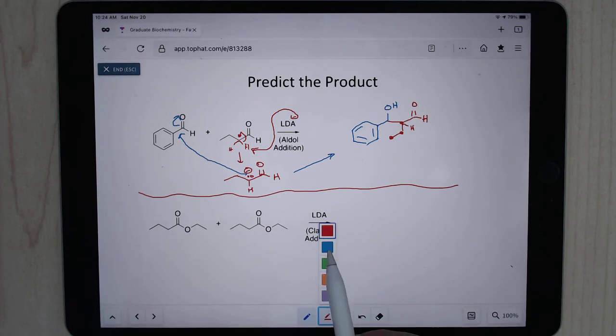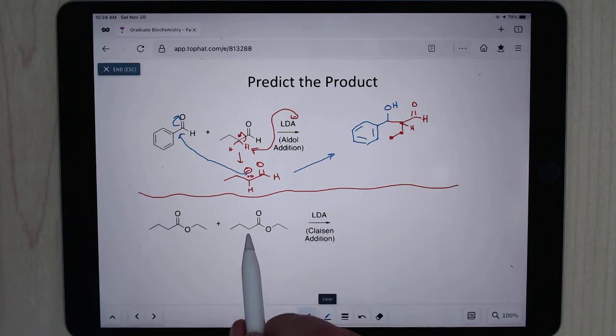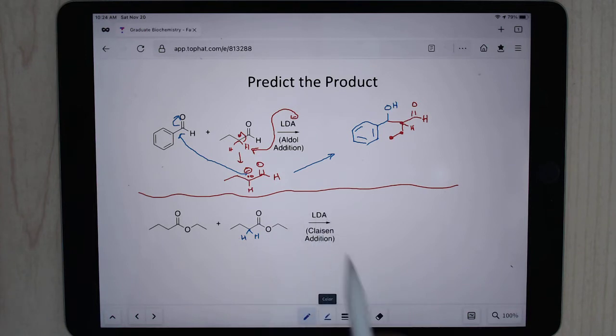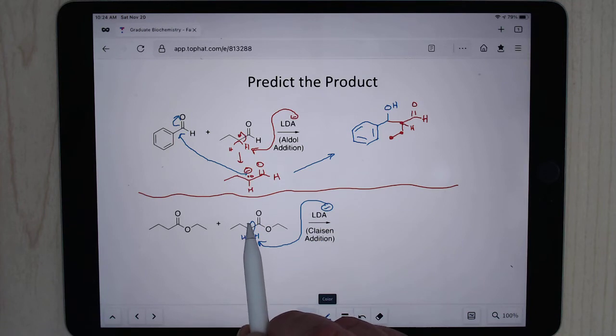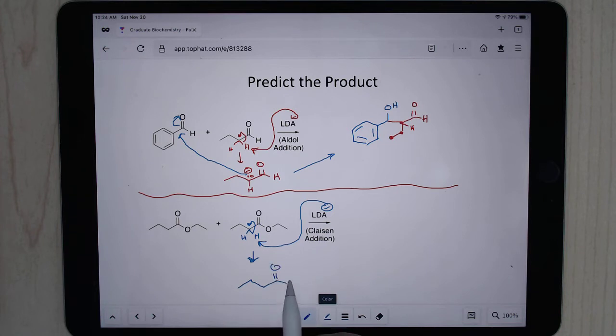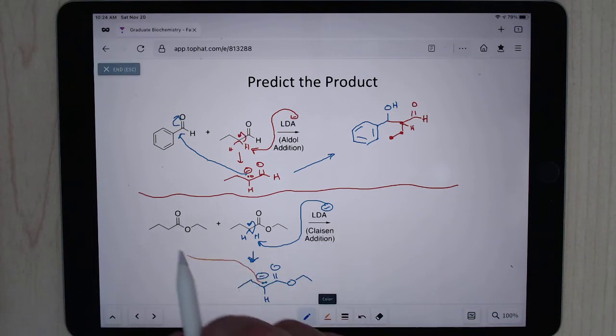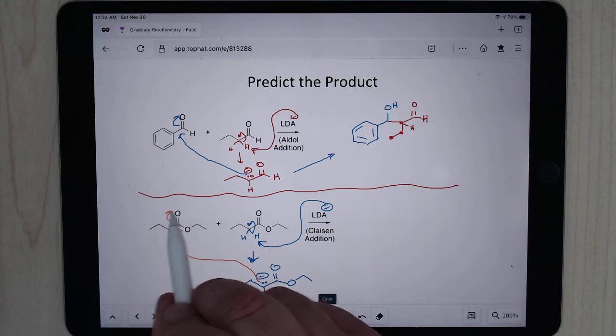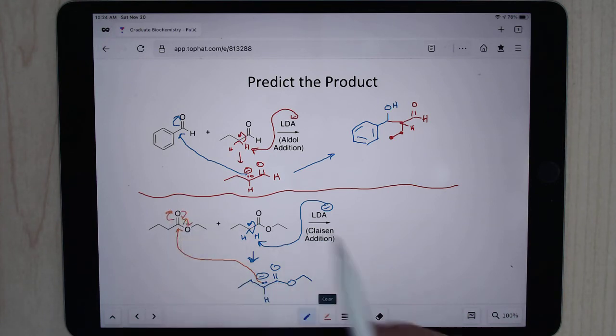Right, for a Claisen, right, we're going to do the exact same thing where we're going to be removing these, right, we're going to be removing the hydrogen, moving that there. That's going to come here, right, up, down, kick away.